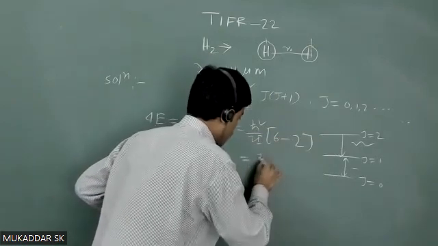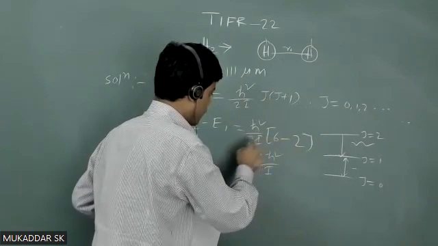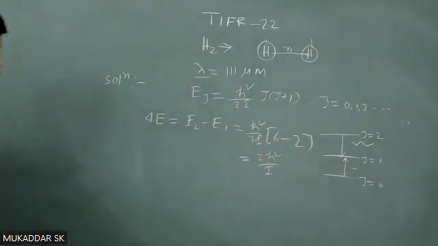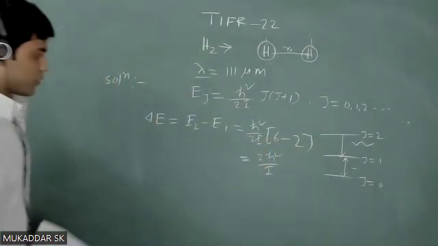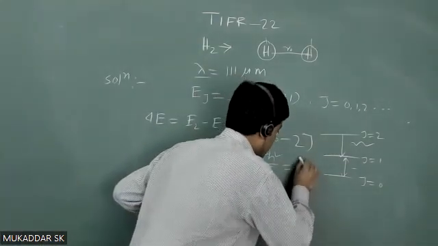So this will provide 2 h cross square by I, since it is just 4 and you have 2 in the denominator, so the 2 will be cancelled. So this will be the separation. Now that I can write as nothing but hc by lambda.